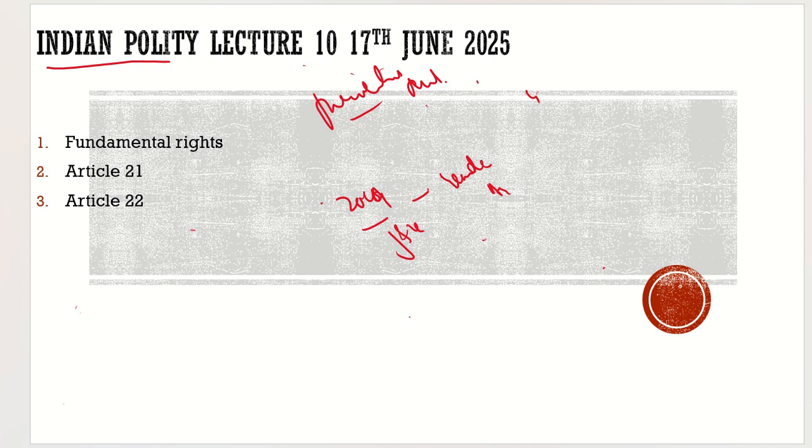Because the state knew that once it revoked Article 370 of the Indian Constitution, they would go for hartals, and there would be chaos in the state. So to prevent that, they were arrested, and this preventive detention is an exception to Article 22 of the Indian Constitution. You can do it, but here it can still be misused.